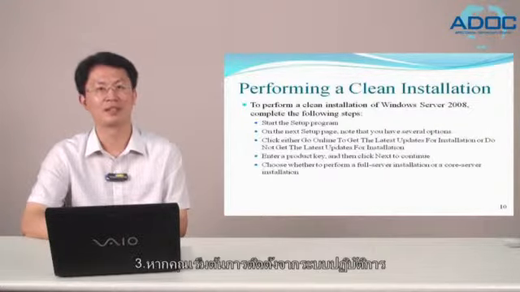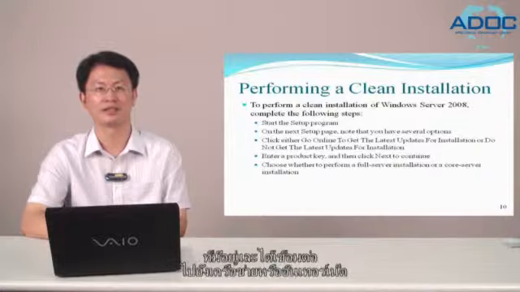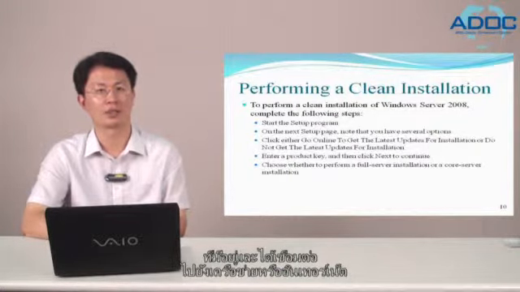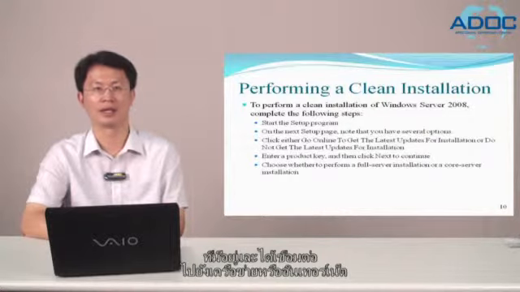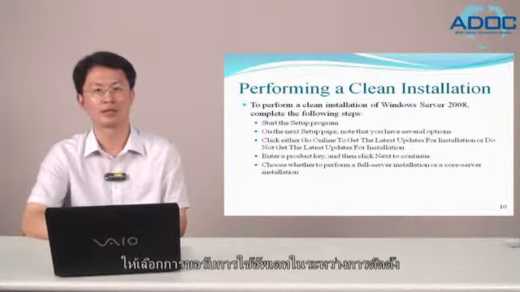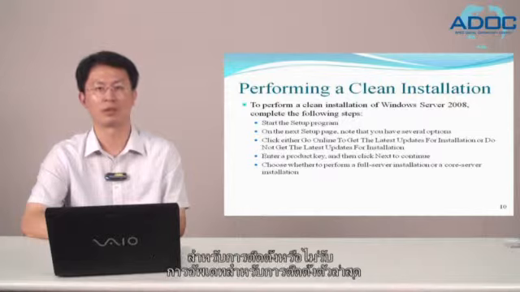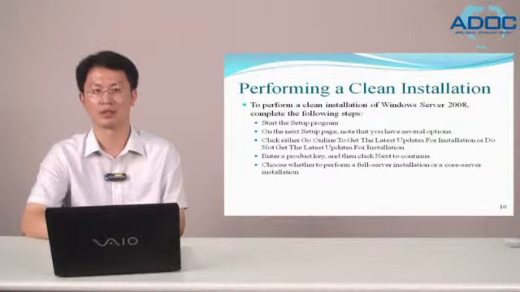If you are starting the installation from an existing operating system and are connected to a network or the internet, choose whether to get updates during the installation. Click either Go online to get the latest updates for installation or Do not get the latest updates for installation.